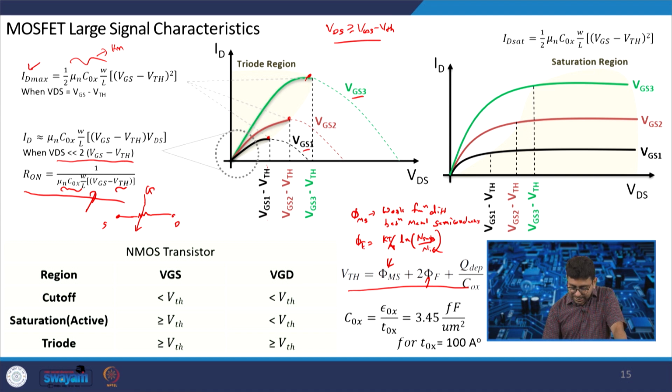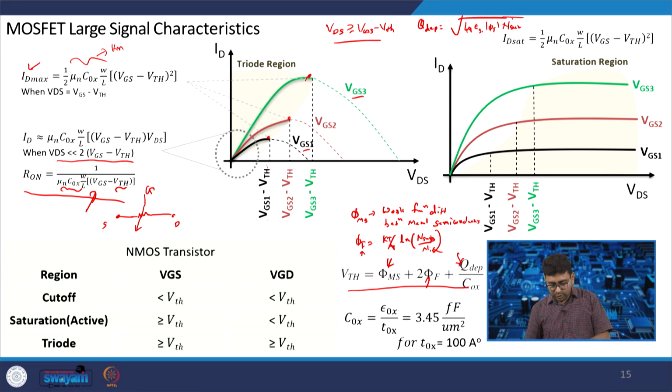That will give you phi f, and there is a Q depletion, which is the charge in the depletion region. Q depletion also has an equation, which is the square root of 4q epsilon, where epsilon is the silicon permittivity, times phi f times N substrate.